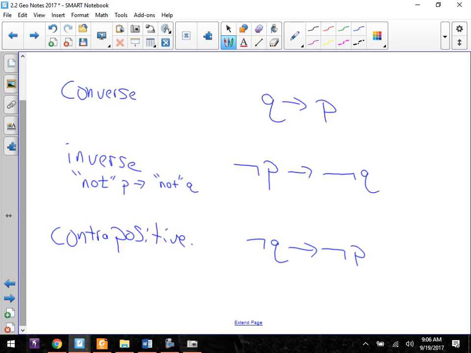Then we go from there. Go back to our original example, the first example where we made an if-then statement, a conditional statement. If two lines are perpendicular, then they intersect. And we all agreed that was a true statement.